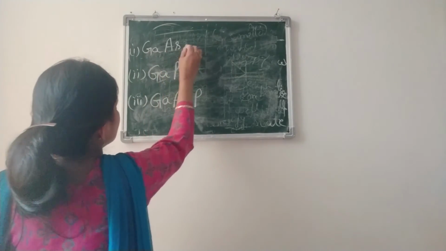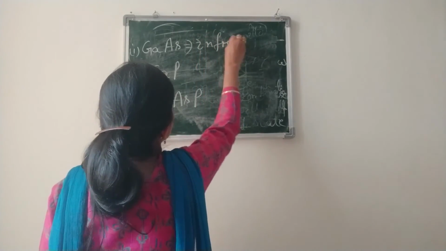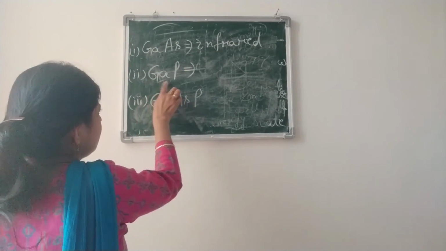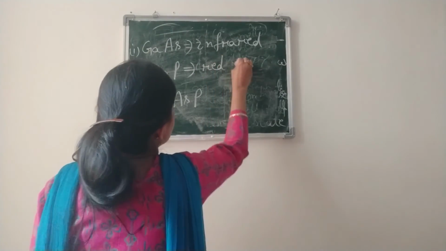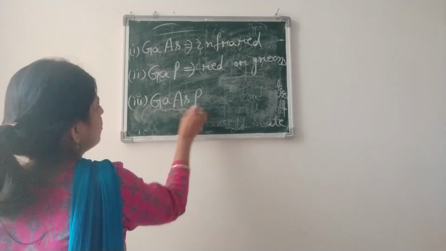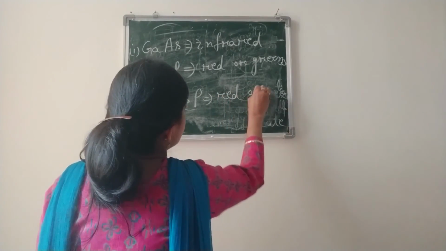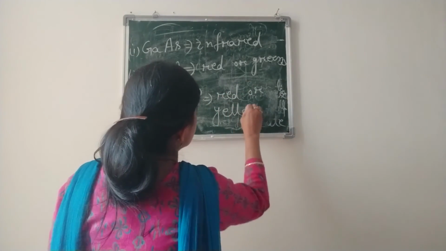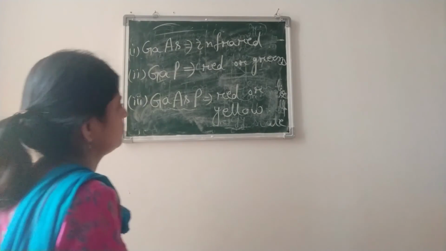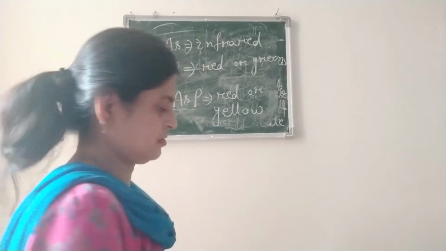When we use gallium arsenide, then the color of the LED will be infrared. And when we use gallium phosphide, then it will be red or green. If you combine them as gallium arsenide phosphide, then it will be red or yellow.